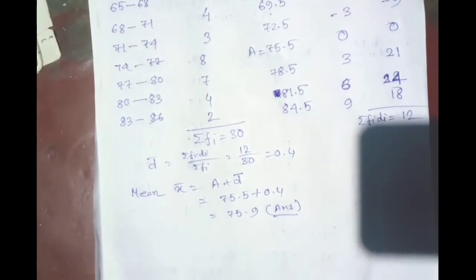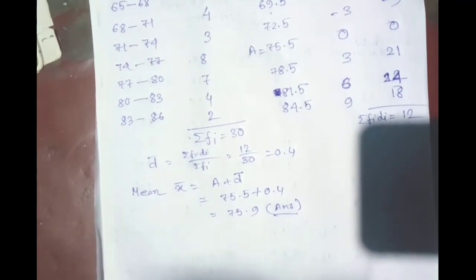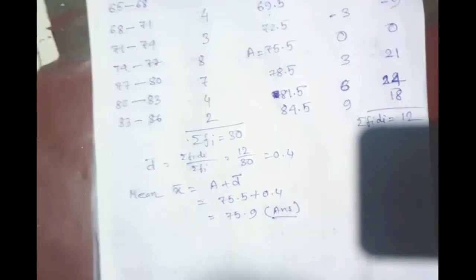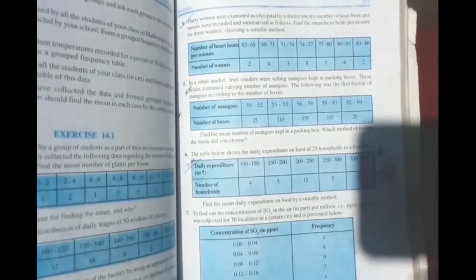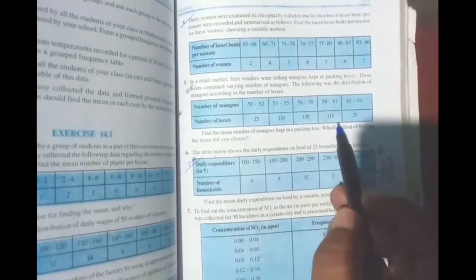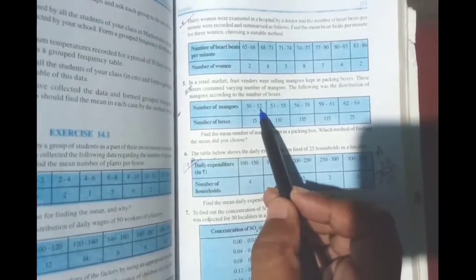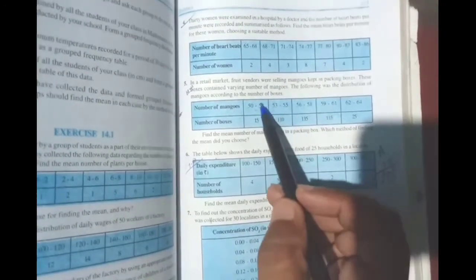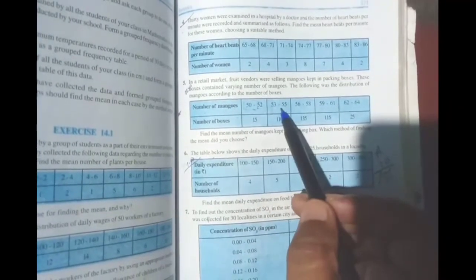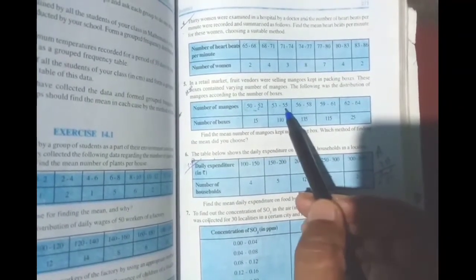Next, move to another question. Question number 5. Now in question number 5, we can easily see that here the FI are so much larger, and if we do the class mark over here, that is 50 plus 52 by 2, that means 51. This will be 51, next will be 54.